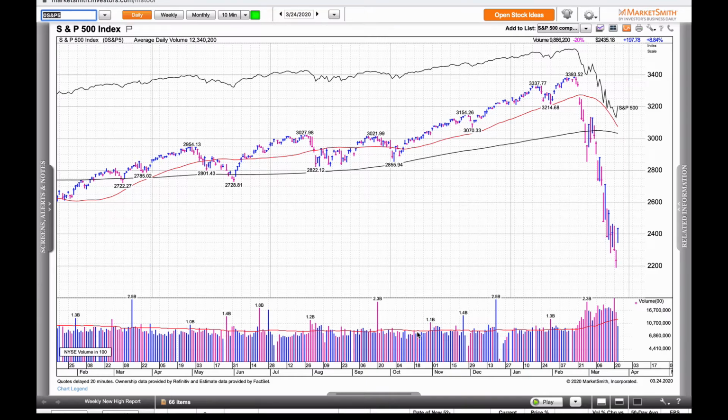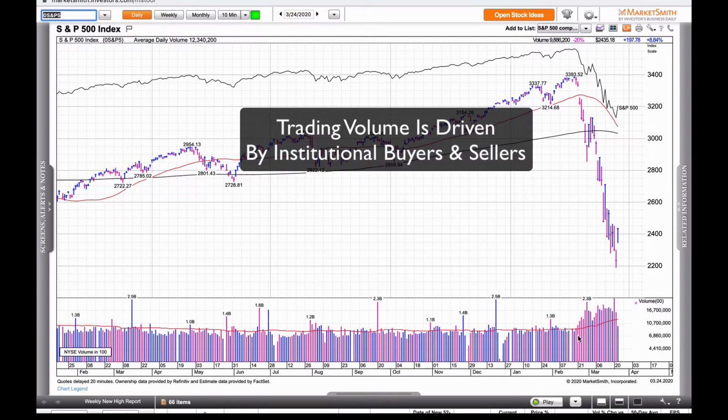So you see this red line that kind of runs through here on a daily chart? That is a 50-day moving average, the rolling average of what the volume has been like. These are volume bars down here, the trading volume. Who's making the trades? Who's buying? Who's selling? And for the overwhelmingly most part, trading volume is driven by the big institutional investors.